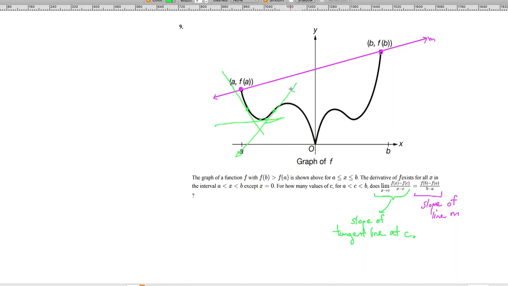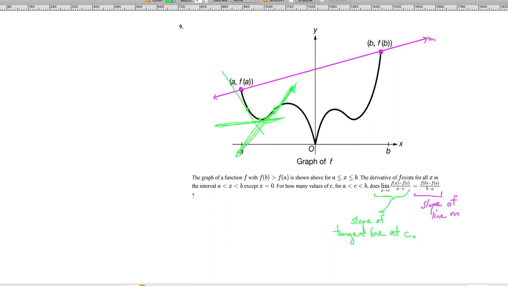Now, the slope of this line is less than the slope of this line. But the slope of this one is more than the slope of this line. So that means that there must exist a point between this C and this C where the slope is equal.